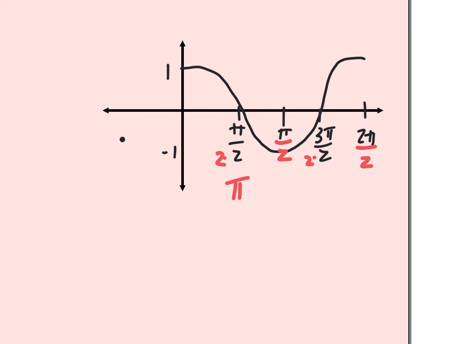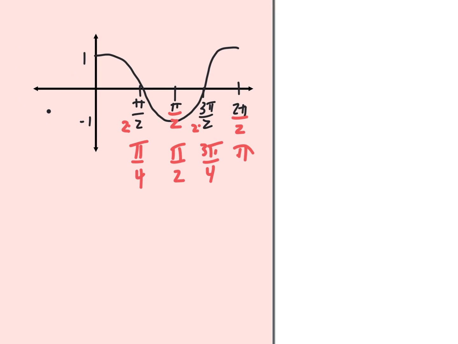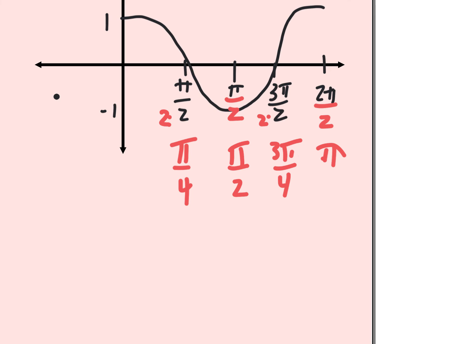Now rewrite my new numbers. Pi over 4. Pi over 2, which is like 2 pi over 4, 3 pi over 4, and 4 pi over 4, which is like pi. Now I got to move it, pi over 6. Oh, that's not fun. Pi over 6? What the heck is a pi over 6?